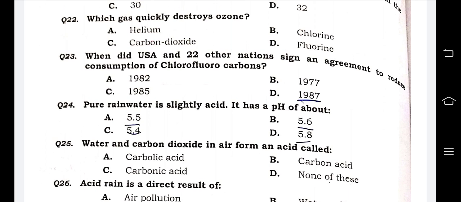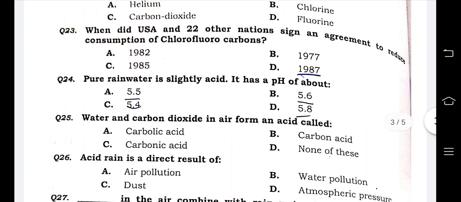So the pH of rainwater is 5.8, option D. Water and carbon dioxide in air form an acid called option A carbolic acid, option B carbon acid, option C carbonic acid, option D none of these. So water and carbon dioxide in air form an acid called carbonic acid, option C.